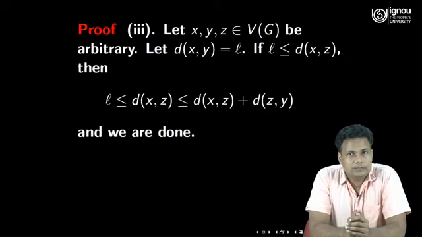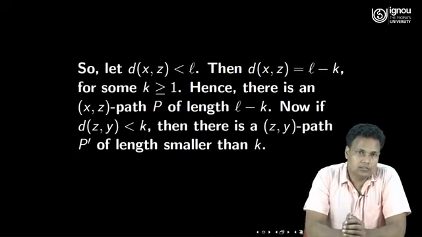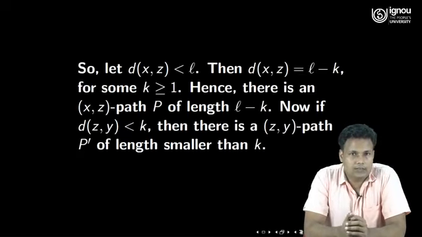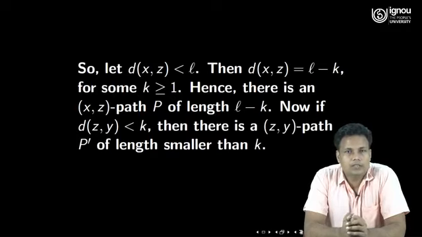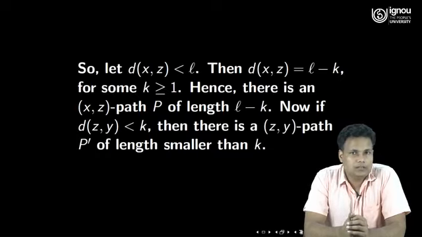another case is that the distance between x and z could be less than L. So let dxz be less than L, and then it means that the distance dxz is essentially L minus k for some integer k greater than or equal to 1, right.